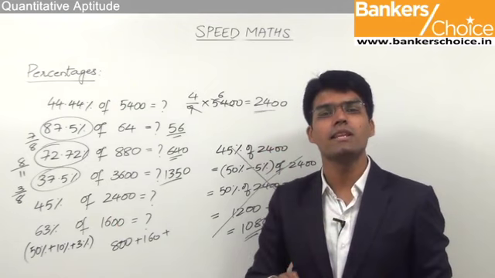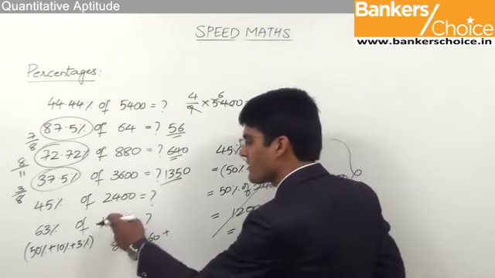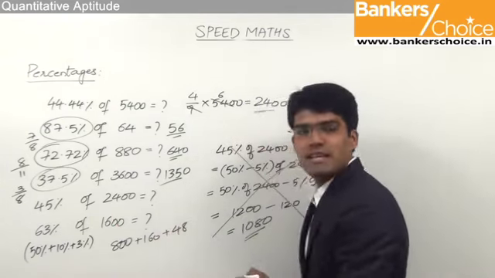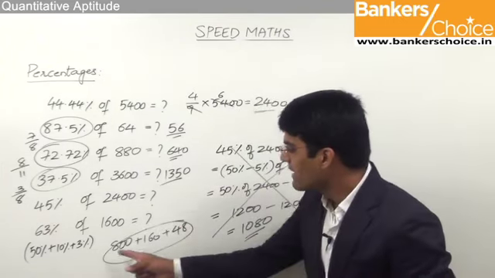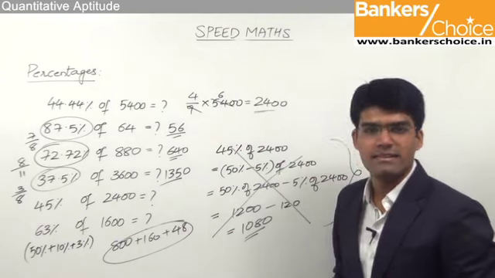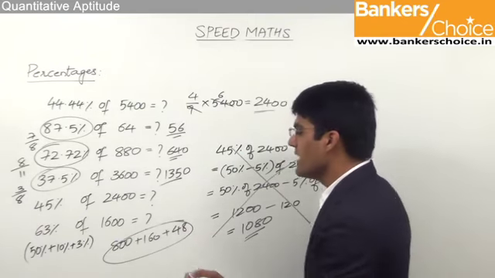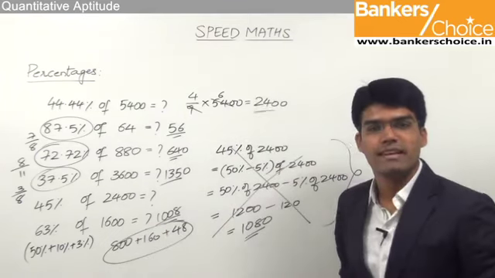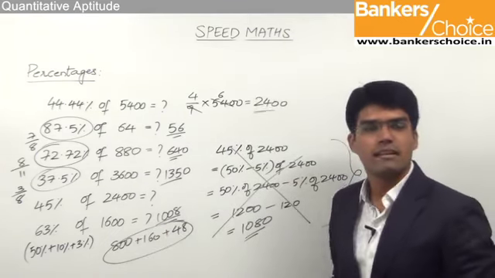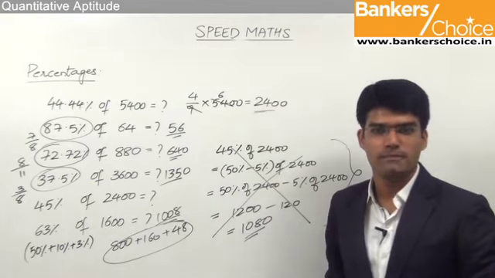So 16 into 3, 48. So 3% of 1600 will be 48. And when we merge all these three numbers, we get the required answer. 800 plus 160 is 960. 960 plus 48 is 1008. So that's the answer for the last one here. That is 63% of 1600 should be equal to 1008.